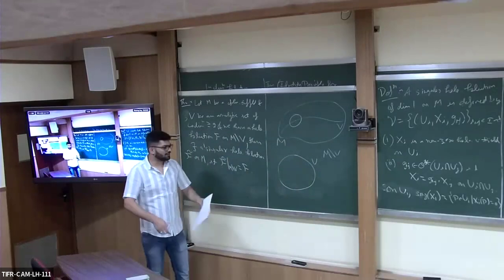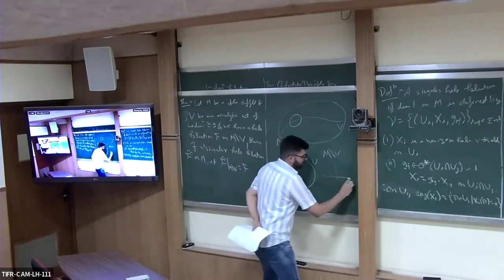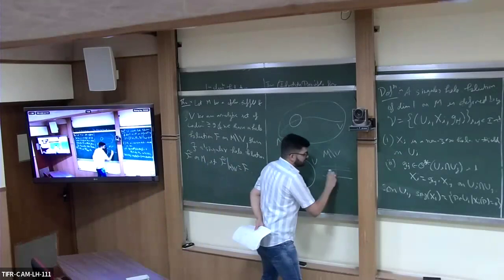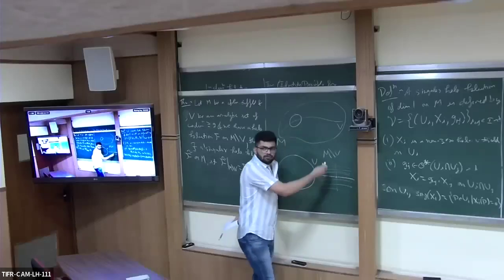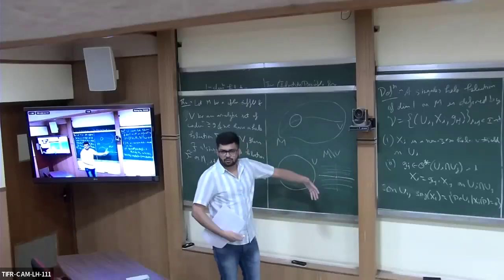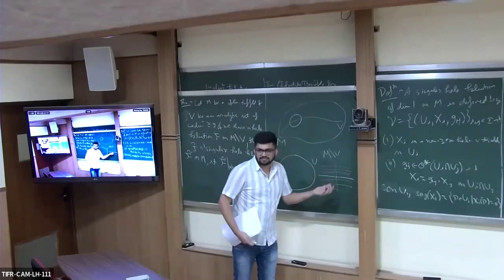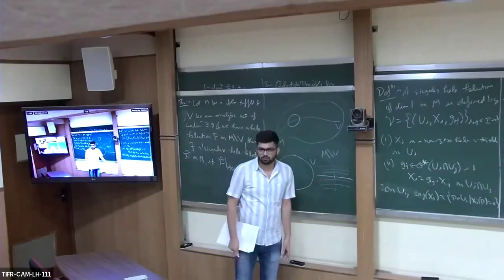So we could start with a trivial foliation like this, and we started with the analytic set. When we said we can extend it to a singular foliation, the points of this analytic set could be removable.